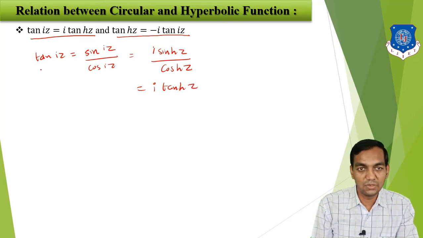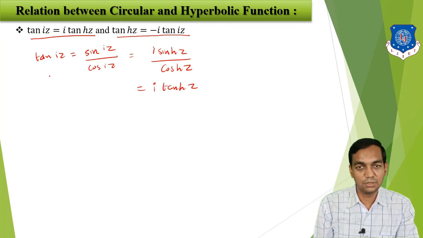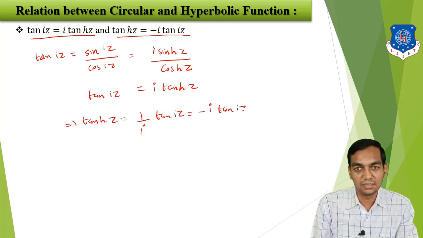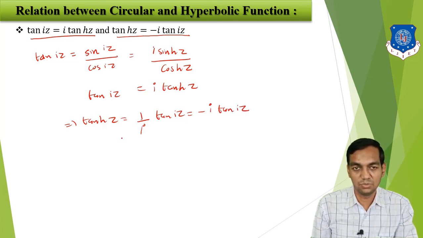And if you put the value in the definition of tan z, then also you will get the same. Now this is your tan iz, so dividing it by i, that will give you tan hyperbolic z is 1 upon i into tan iz, and 1 upon i is nothing but minus i tan iz. So both the relations we have.